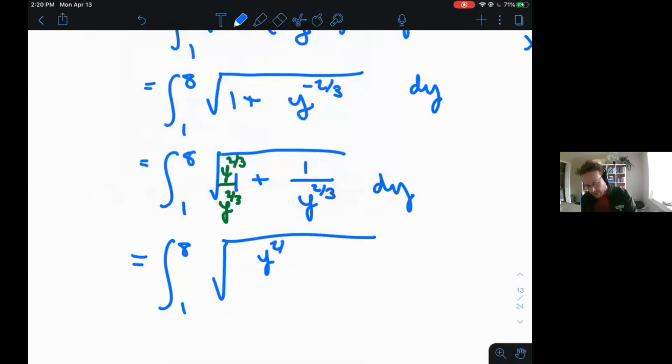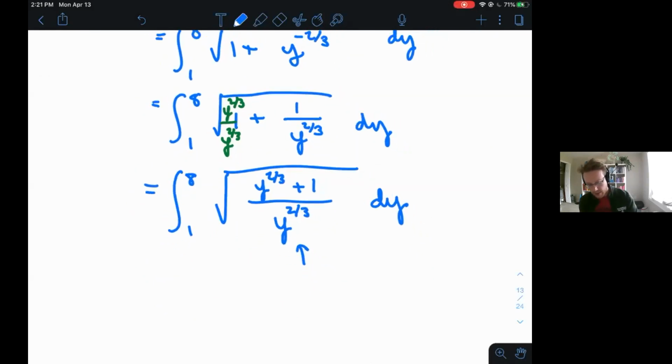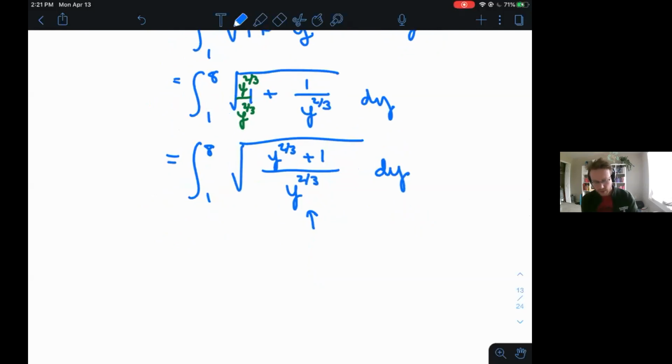So we're going to have y to the 2/3 plus 1 divided by y to the 2/3. And okay, the top, that doesn't look like anything that's a perfect square that would cancel out with a square root, but at least the bottom does, right? Because we have this, remember the 2/3, this is being squared here. There's two actions happening, right? You're taking the cube root and you're squaring this thing. And so with this, well, the square root will at least cancel with that squaring down there.